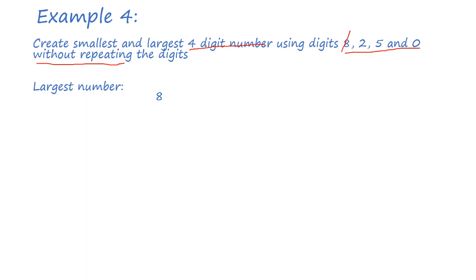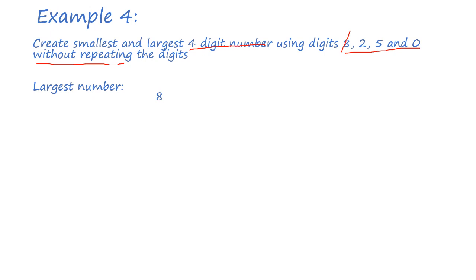So for the hundreds place, what should be the digit? From all the numbers that have 8 as thousands digit, the number which has the largest digit in the hundreds place will be the larger number. We have 2, 5 and 0 as available digits for the hundreds place.